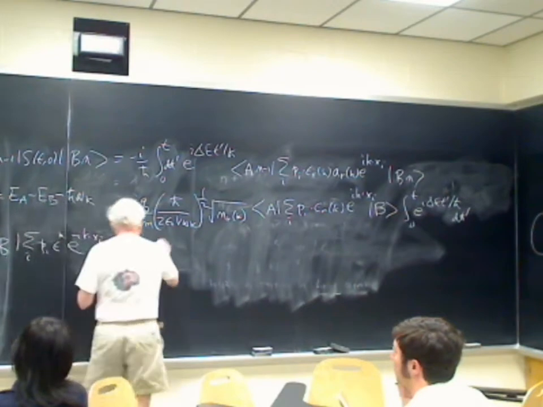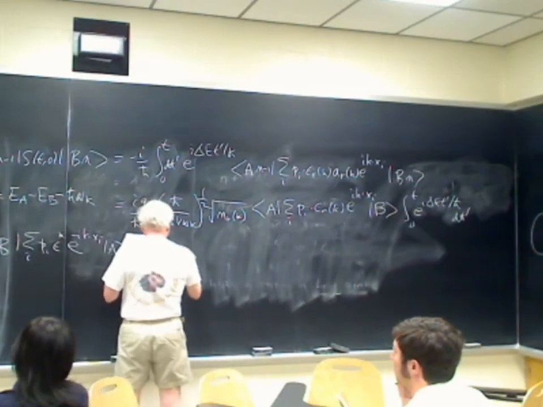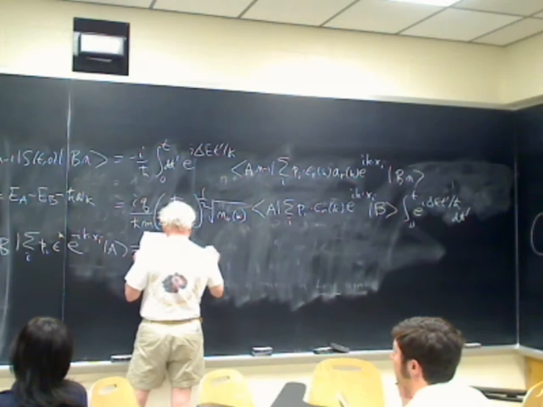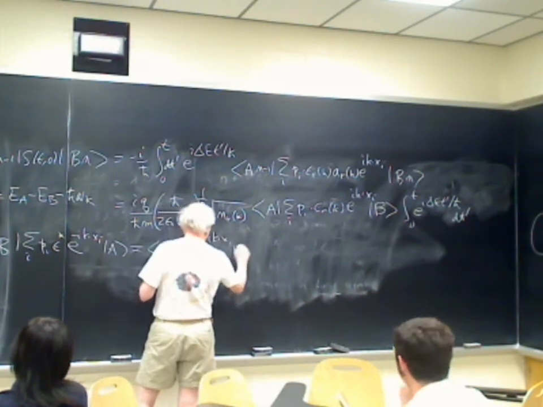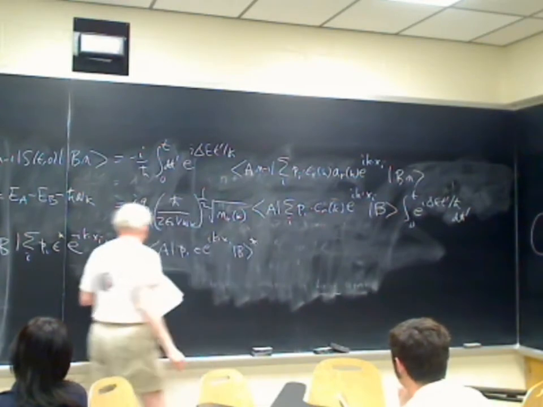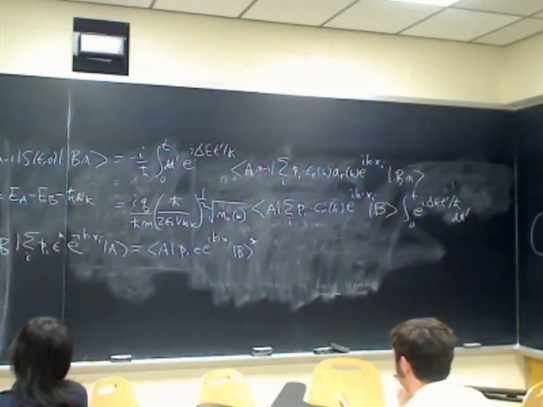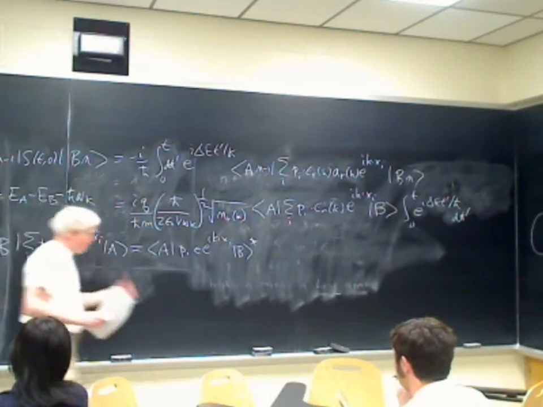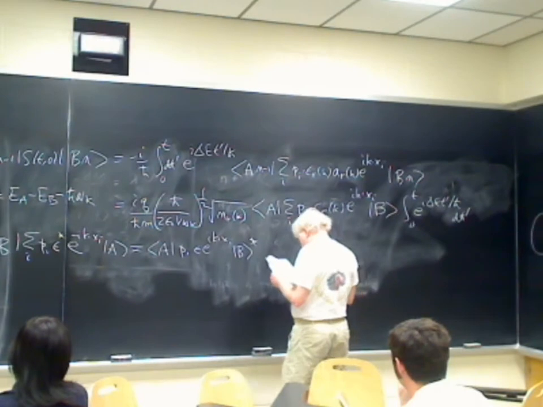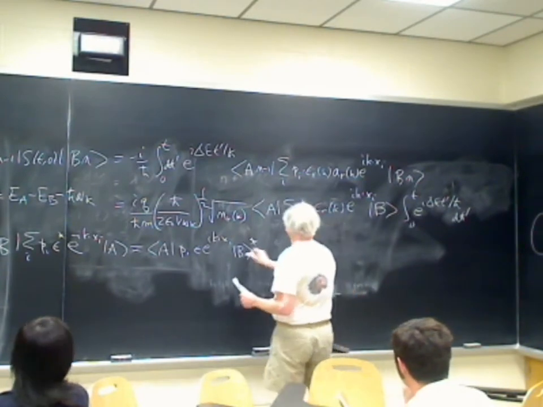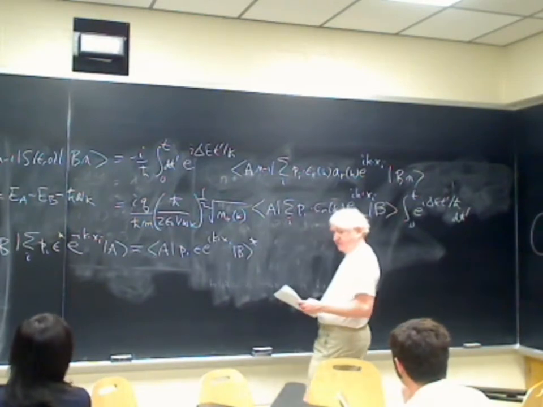Well, that is A, p_i dot epsilon e to the I k dot x_i, B, complex conjugate. Okay, so for the complex conjugate of the matrix element, you switch the bras and kets, and you put the adjoint of the operator in here, and it just flips it around exactly the way we want. And this, of course, is the complex conjugate of the matrix element up here.